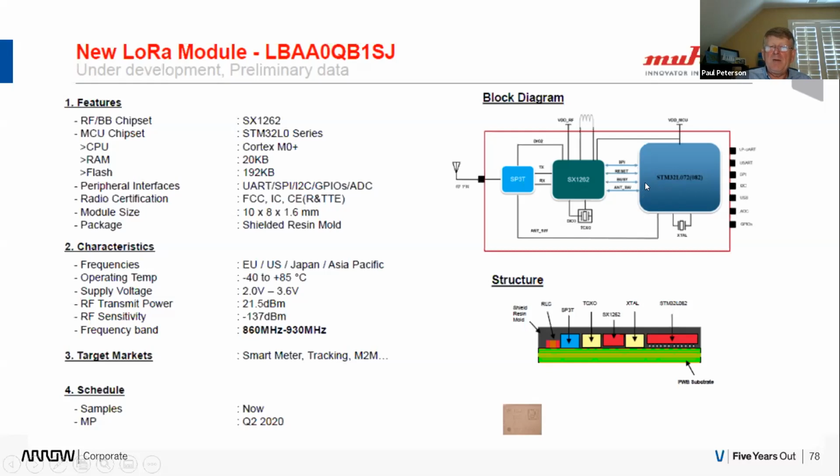We're seeing OEMs gravitate towards this type of implementation because, one, it's very low power. Two, the module, which does carry FCC certifications, is quite small, 10 by 8 millimeters. Just imagine the size of that. So it's low power, small, and long range, and we're seeing the module providers respond to that.